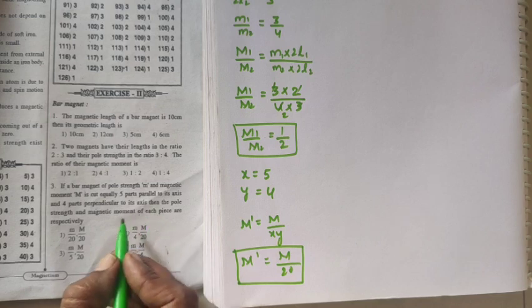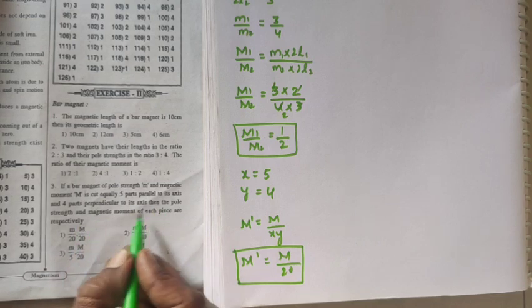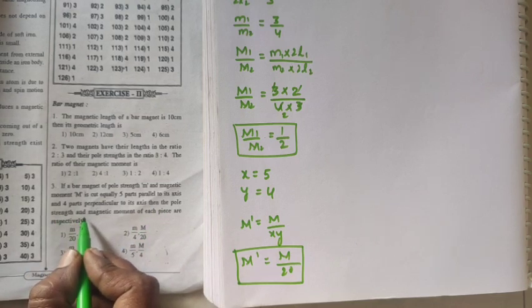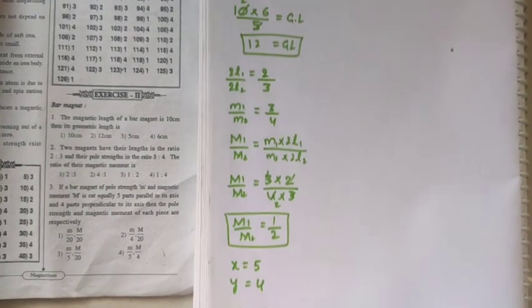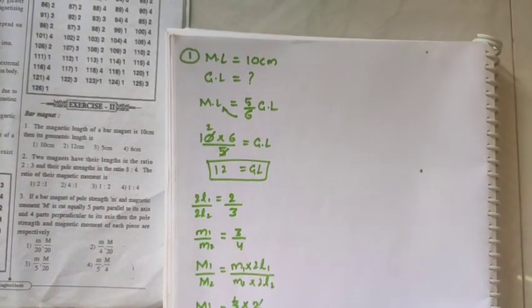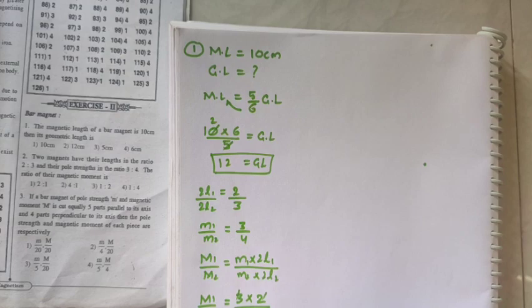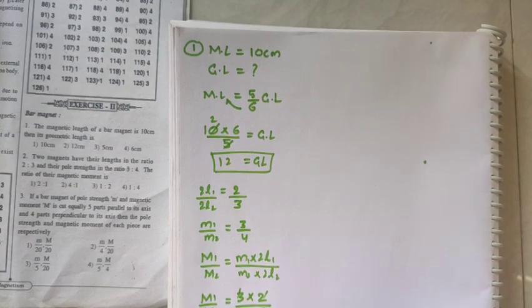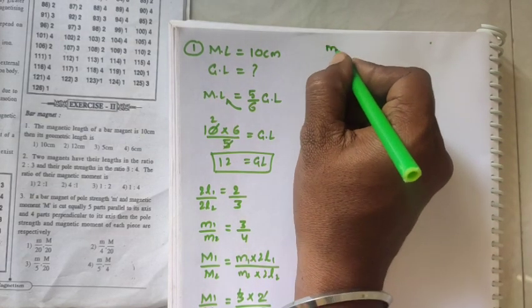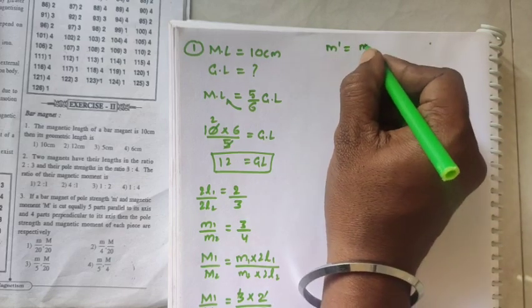Now, as well as magnetic moment, what did they ask to determine here? Pole strength. Pole strength depends upon the area of cross section, right?